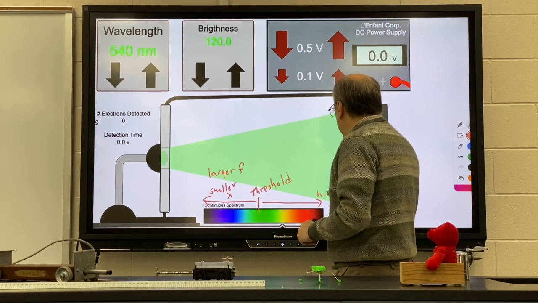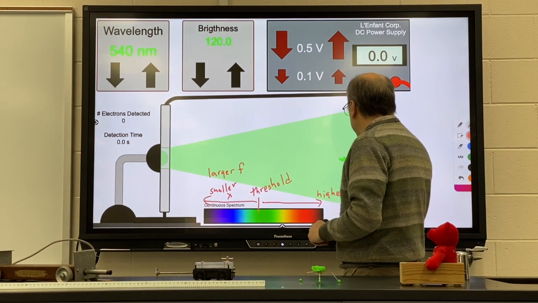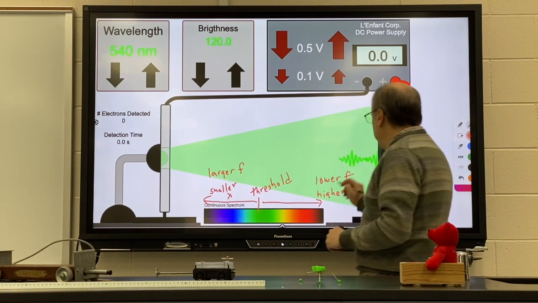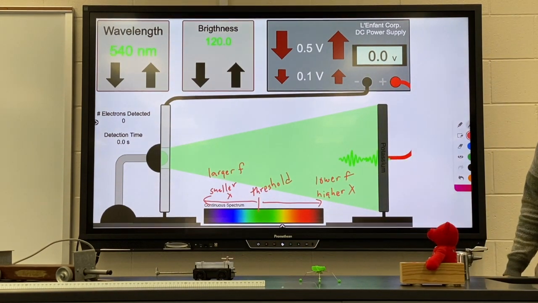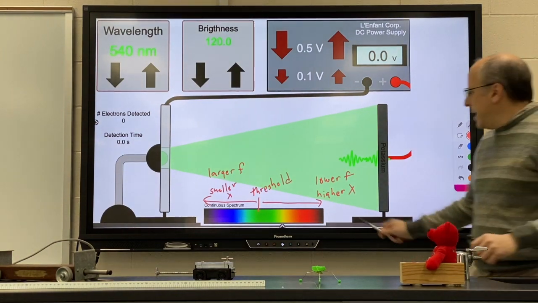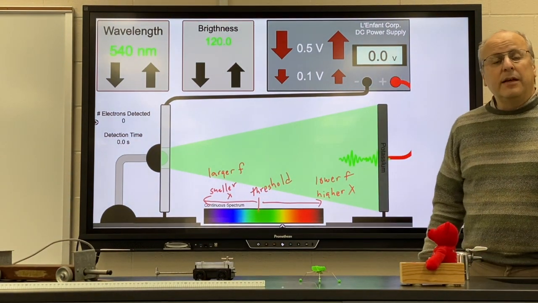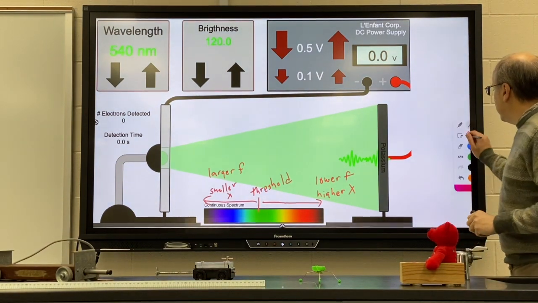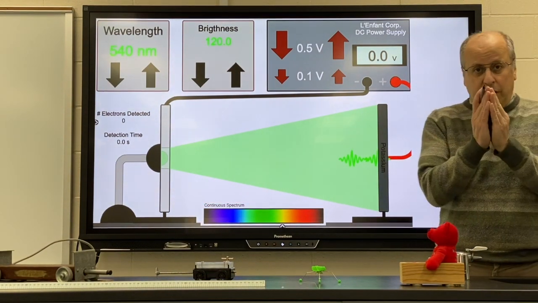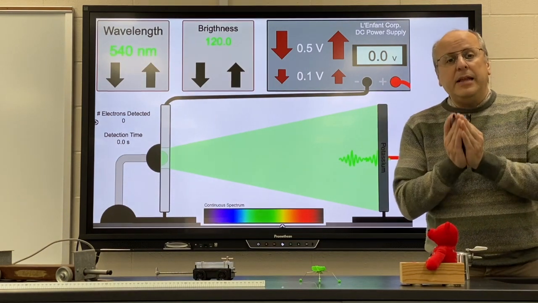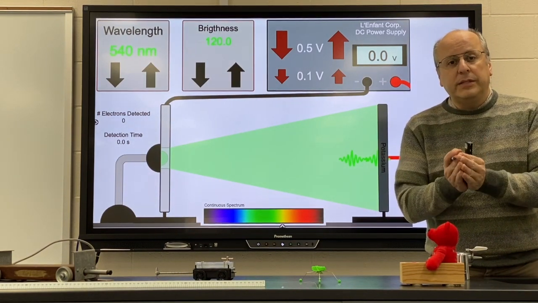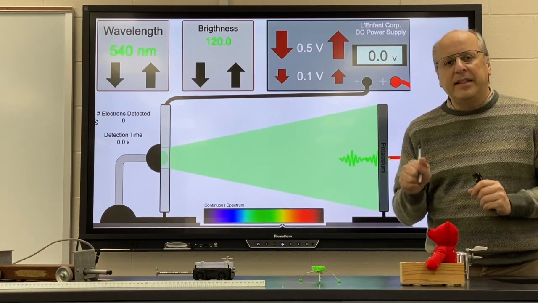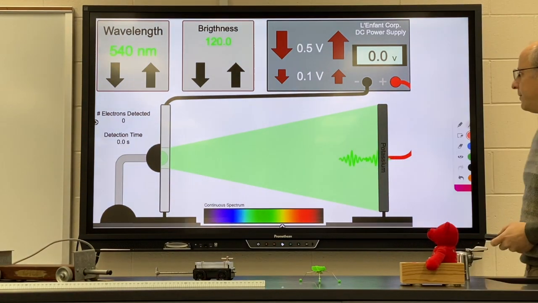Anytime you have a higher wavelength or a lower frequency, the electrons are not knocked off. Okay, so again, threshold frequency, threshold wavelength, threshold color. Second major idea is that there is a threshold color, and any one that has a frequency lower than that or a wavelength higher than that cannot knock the electrons off.